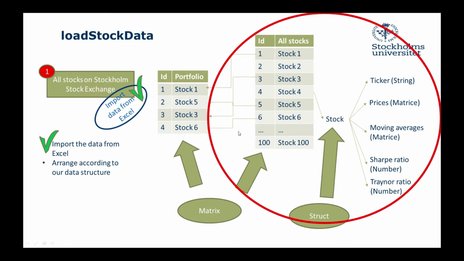So we want to create a matrix which will have all the stocks we have imported from our Excel, and each cell of this matrix is going to contain a struct, and each struct will have fields ticker or name in our case, prices, moving averages, Sharpe ratio and Treynor ratio.